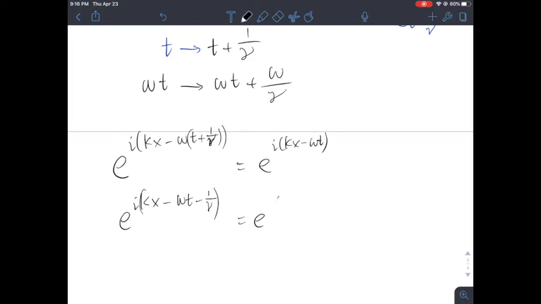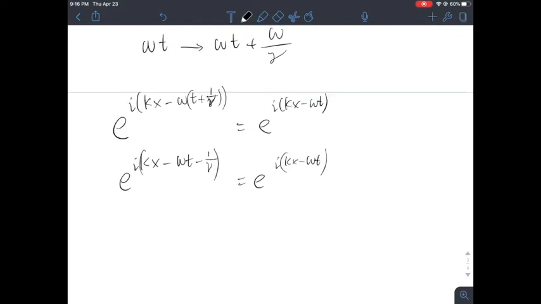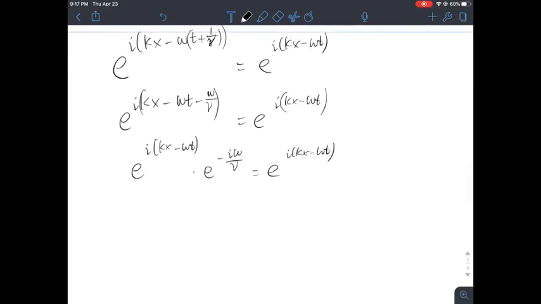So we have e to the i times kx minus omega t on the right side, which doesn't change. Then let's keep expanding the left hand side. We have e to the i kx minus omega t times e to the negative i times omega divided by the frequency, equal to e to the i times kx minus omega t.